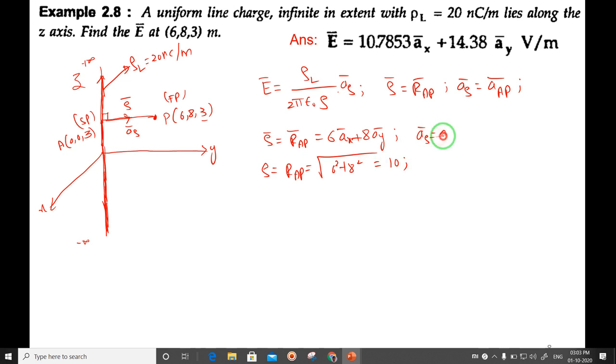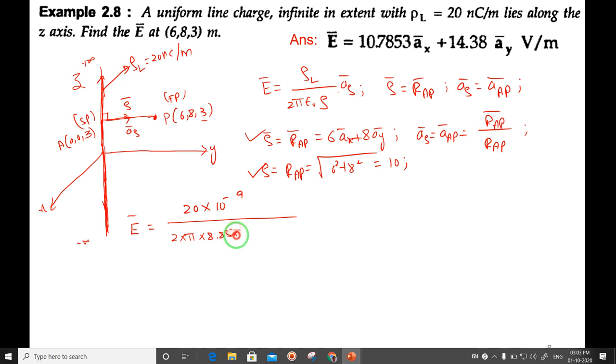A rho is equal to A_AP, so vector R_AP divided by its magnitude R_AP, right? We try to directly substitute in the formula. E vector is equal to, what is rho L? Rho L is 20 nano, 10 power minus 9, divided by 2 into pi into epsilon naught, 8.854, this is the constant, 10 power minus 12.